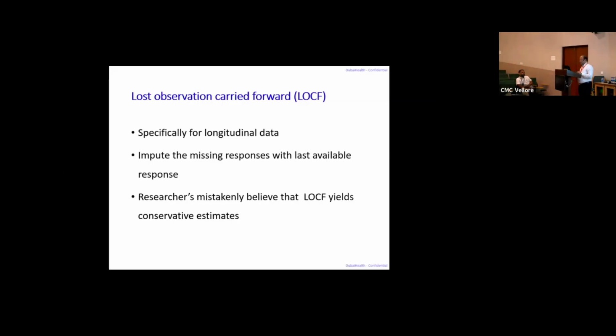Researchers mistakenly believe that LOCF yields conservative estimates. Now, there are better methods available, and therefore we would like to use them. There are studies which prove that multiple imputation is a gold standard method, based on simulations. You can also do this exercise.